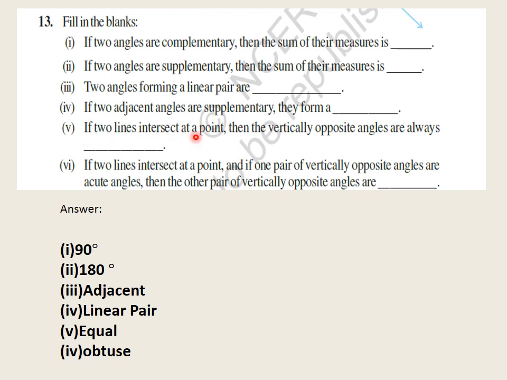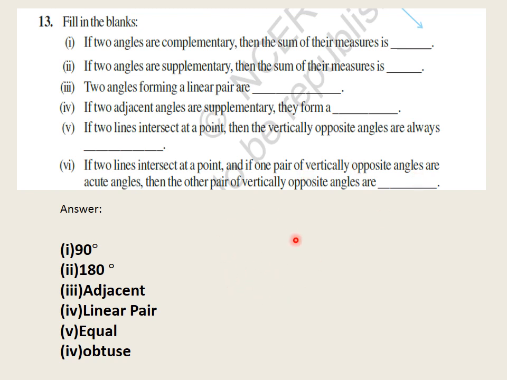If two lines intersect at a point, then the vertically opposite angles are always equal. Okay? If two lines intersect at a point, and if one pair of vertically opposite angles are acute angles, then the other pair of vertically opposite angles are obtuse angles.